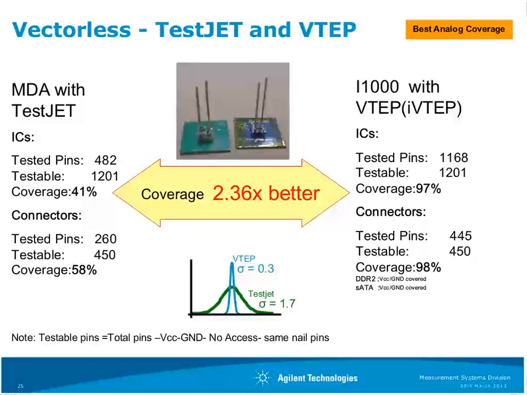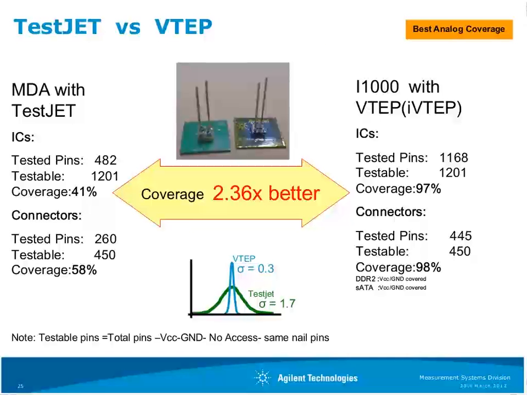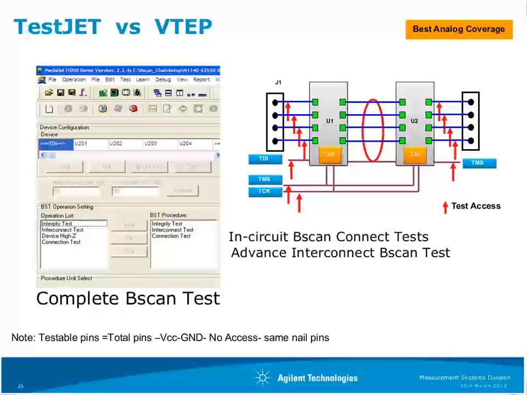When we moved to the connectors, we were achieving 58% test coverage of the testable pins, whereas using VTEP, we achieved 98%. 445 of the 450 testable pins were able to be measured by VTEP because of the greater signal-to-noise ratio that we have on the VTEP probes.